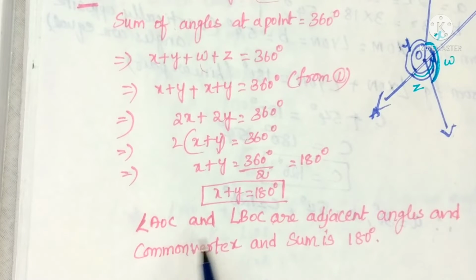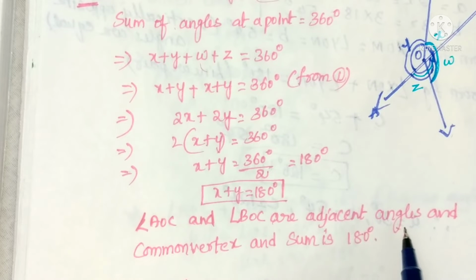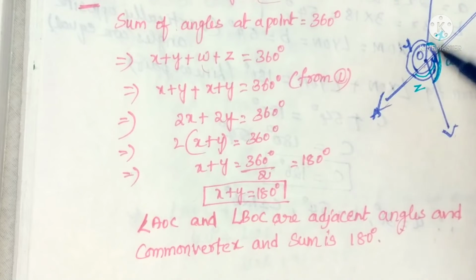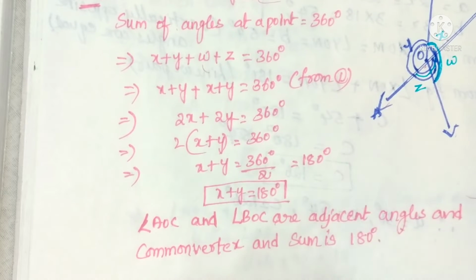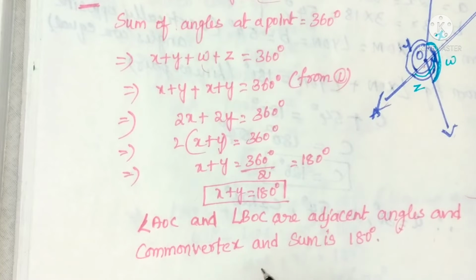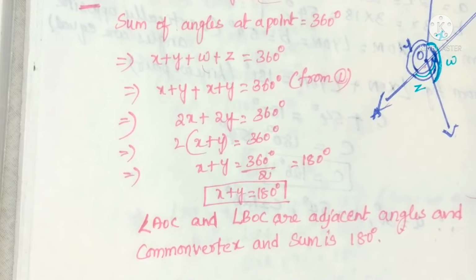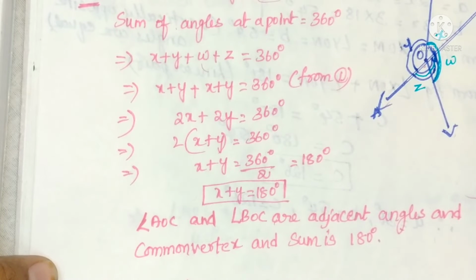Angle AOC and angle BOC are adjacent angles in the figure, and the common vertex O is there. Their sum is also equal to 180, so x plus y we can call a linear pair.